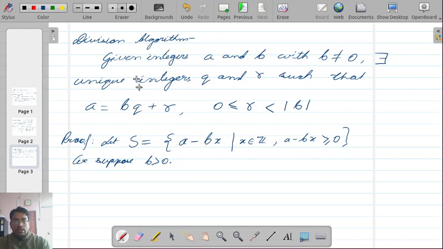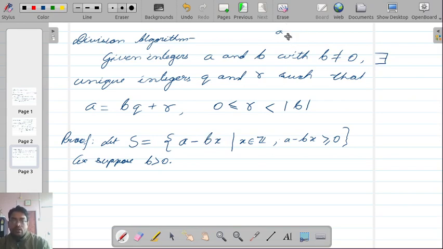So let us try to find one element inside this set. Can we find such an element for which this quantity a minus bx is non-negative? It may happen that a is negative also. There is no restriction on a. So we need to choose x in such a way that a minus bx becomes non-negative.